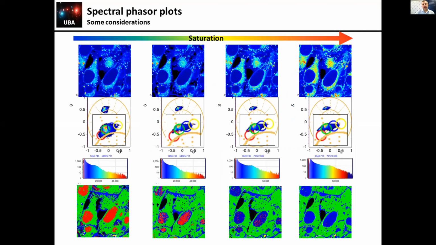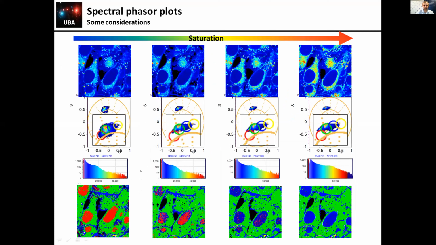So the other is, what happens with saturation? Well, you will immediately notice that if you saturate, the spectra will be distorted because you will chop some of the channels, and after that, the center of mass will be moved.